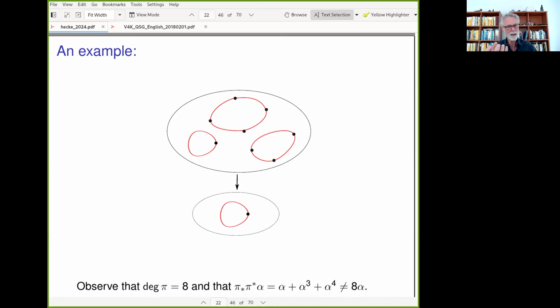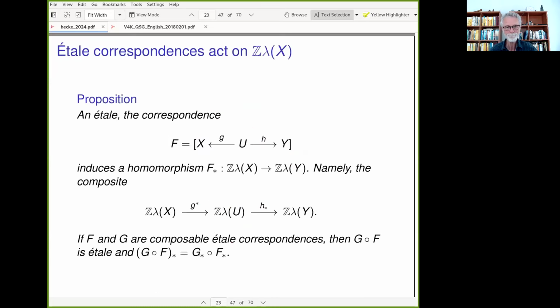If you pull something up and push it down, it typically gets multiplied by the degree of the map, but that does not happen here. If you took homology classes, the sum of the homology classes of alpha, alpha cubed, and alpha to the 4th is 8 times the homology class of alpha. But the pull up and push down is not 8 times alpha. And that's somehow hidden in what's going to happen later.